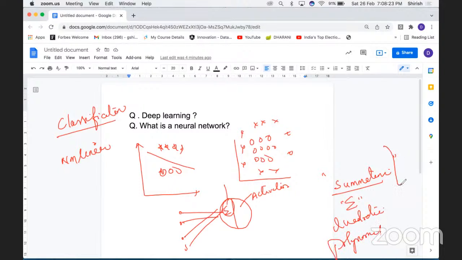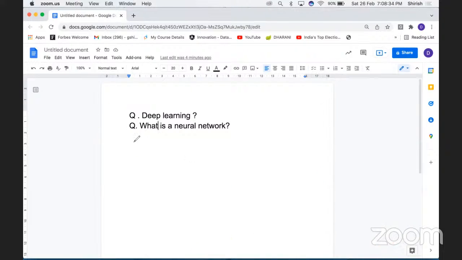But this was not the correct solution. So instead of changing the summation function, they moved forward and thought of a totally new architecture, which is MLP, the multi-layer perceptron.